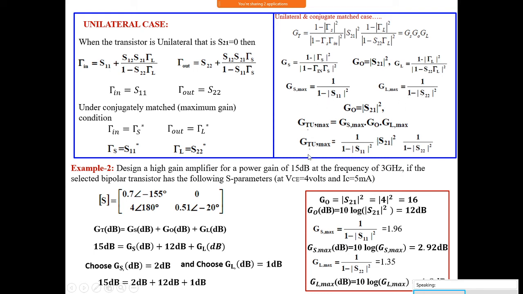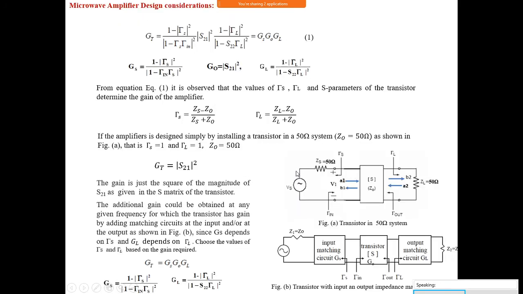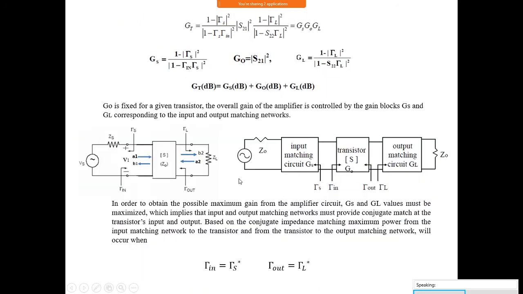So our requirement should not exceed this value. Whatever you are designing here, you calculate this. What is the GS maximum? It is 1 by 1 minus S11 magnitude square. GL maximum is 1 divided by 1 minus S22 magnitude square. You calculate those, so whatever GT you want should not exceed the total we get from here.